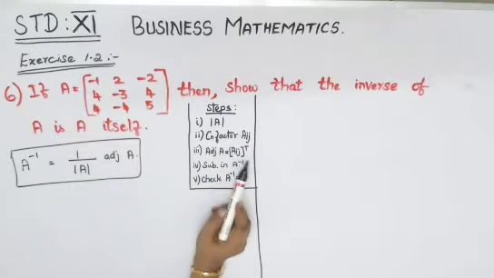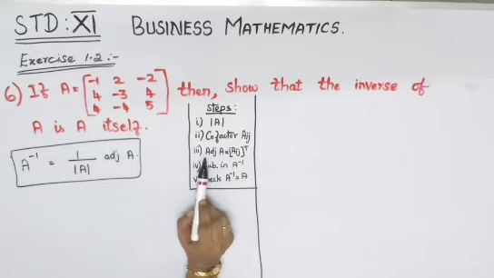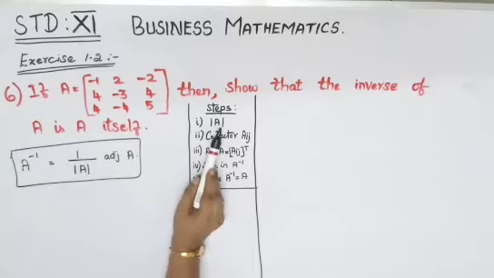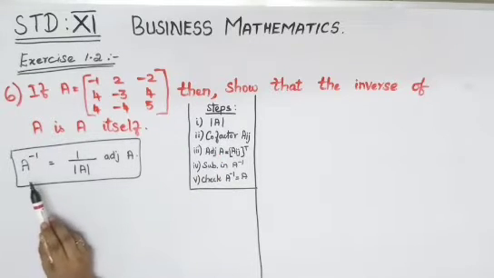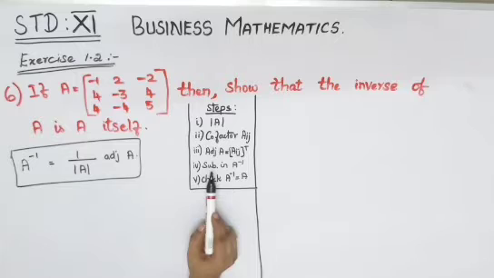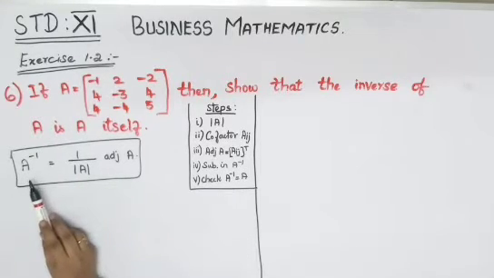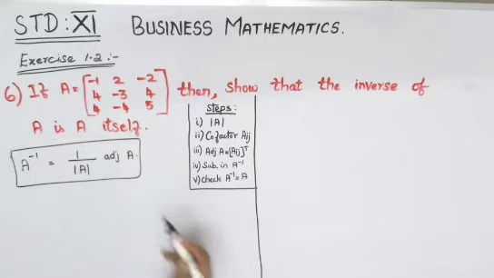Then take the transpose, so you will get your adjoint of A. Once you get it, substitute your adjoint of A and determinant of A in A inverse and get your A inverse. Then check whether your last answer is equal to A itself. That is your question itself.